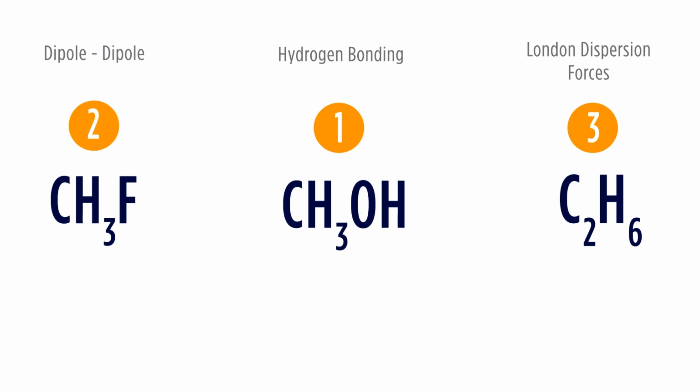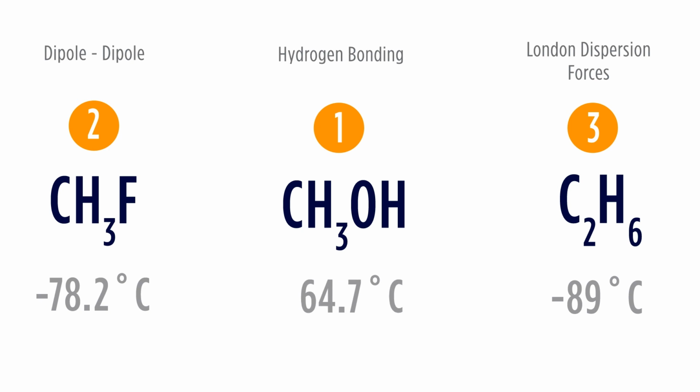Now, the problem didn't say to look up the values, but we can look them up, and we'll see that we get boiling points of minus 89 degrees Celsius, minus 78.2 degrees Celsius, and 64.7 degrees Celsius. This is pretty common, where you'll see hydrogen bonding having a much higher boiling point or melting point than other substances of similar mass.